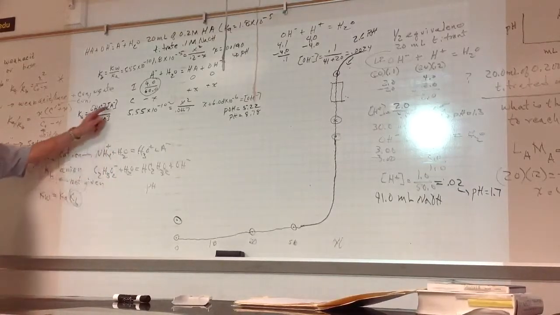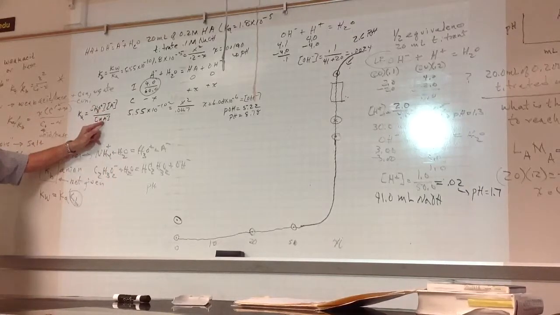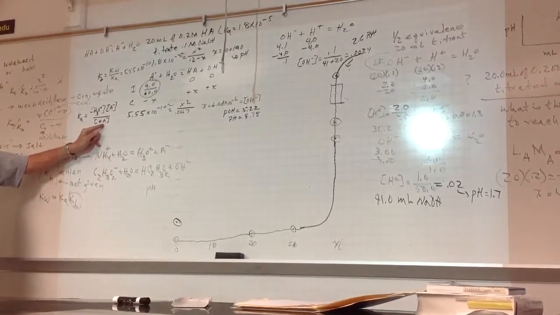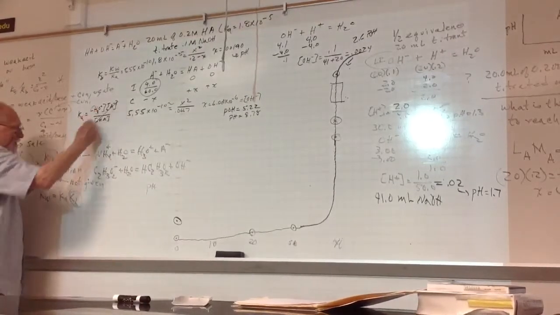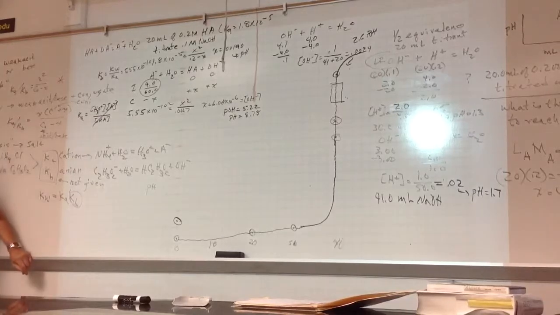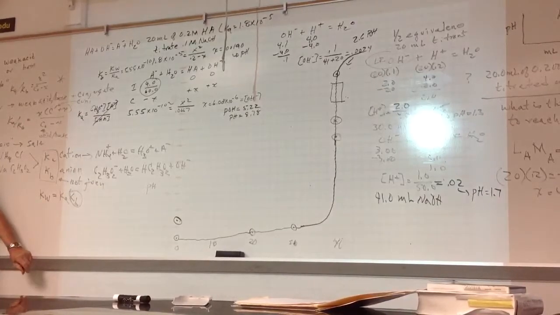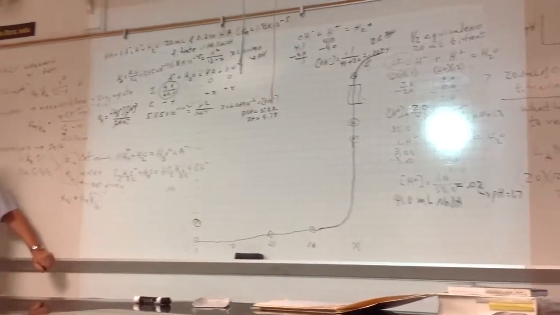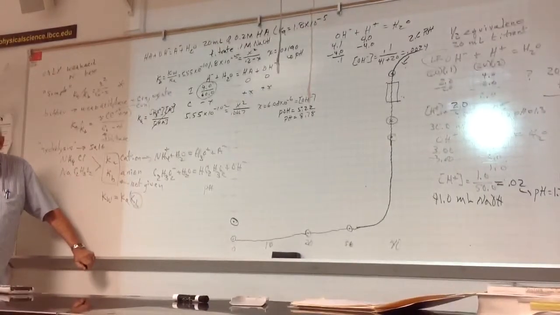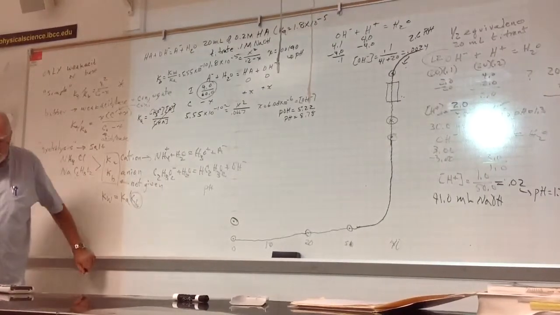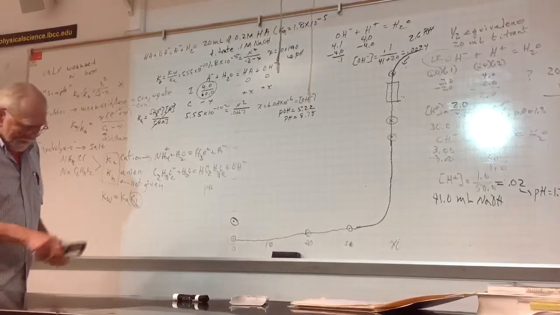I say, oh, this number is equal to this number at the half equivalence point. And so now pH is equal to pKa. Oh, wow.